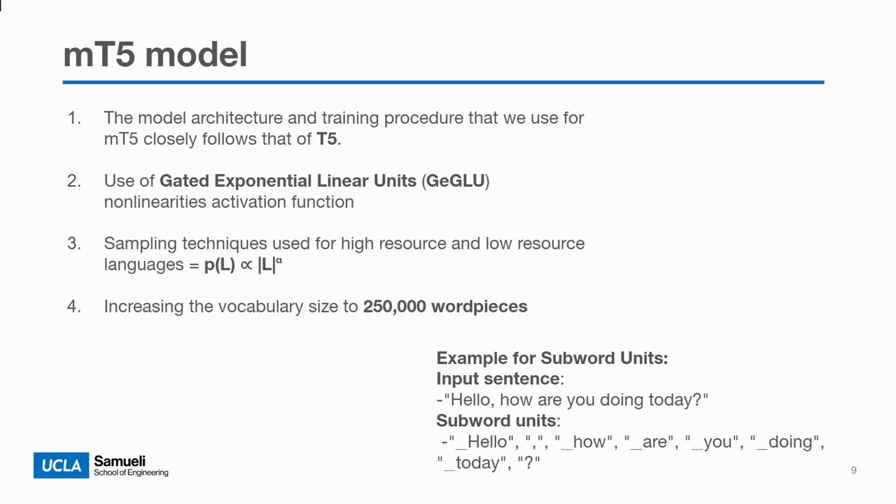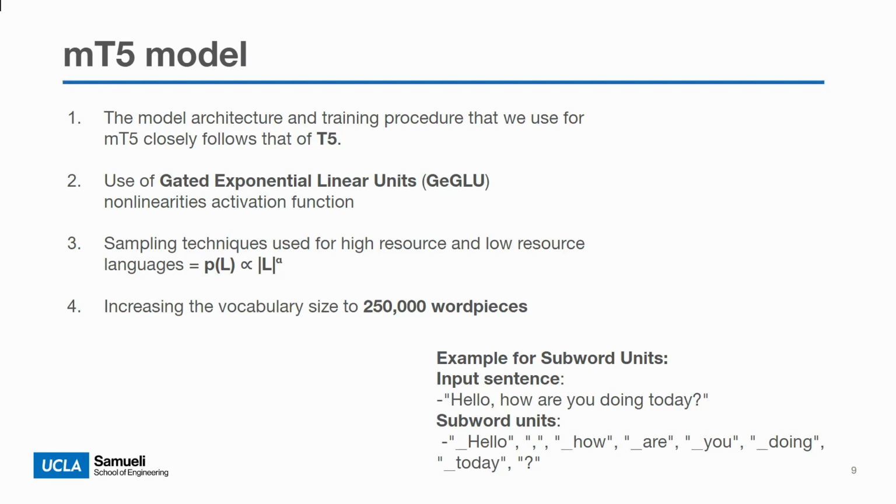In the case of MT5, the researchers increased the vocabulary size from the 32,000 subword units used in the original T5 model to 100,000 subword units. However, one drawback of this is that the larger vocabulary size also requires more memory and computational resources to train and use the model.